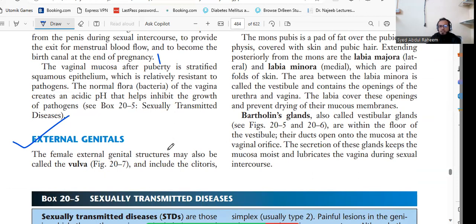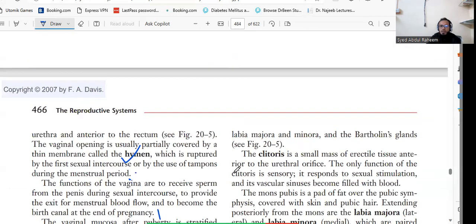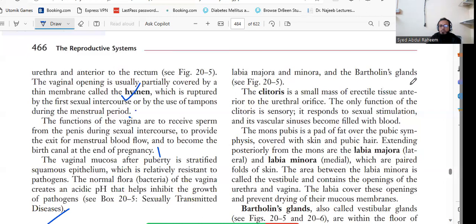The female external genital structure is also called the vulva and includes the clitoris, labia majora and minora, and the Bartholin glands. The clitoris is a small mass of erectile tissue anterior to the urethral orifice. The only function of the clitoris is sensory. It responds to sexual stimulation and its vascular sinuses become filled with blood.